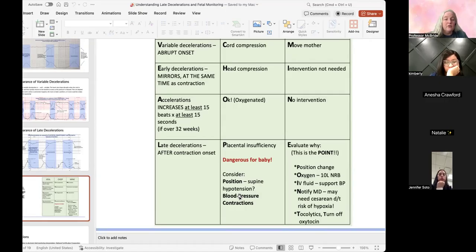It could be blood pressure. If her blood pressure is low, we're not perfusing the placenta well. And does anybody know something that we do purposefully to women in labor that can cause them to become hypotensive?